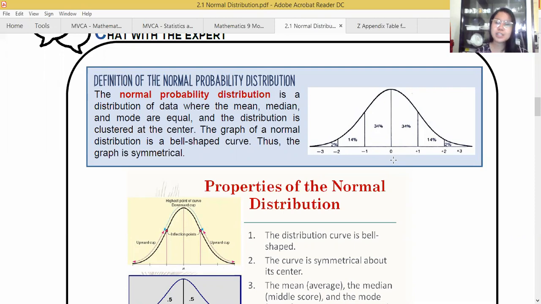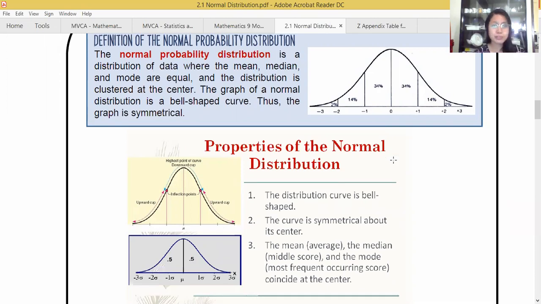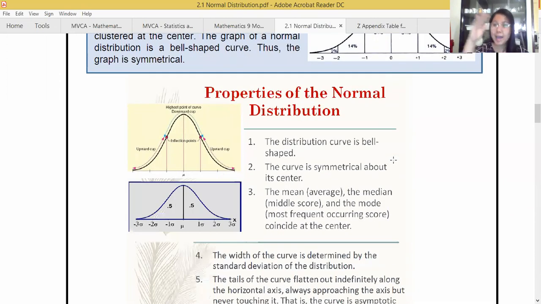So let's discuss some properties of this curve. Number 1, the normal curve is bell shaped. Later, you will realize that it could be skewed, like there are more upwards, there are more downwards.